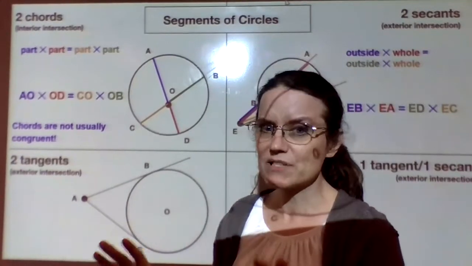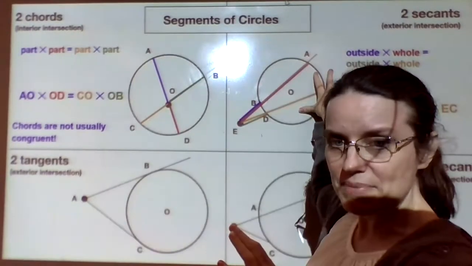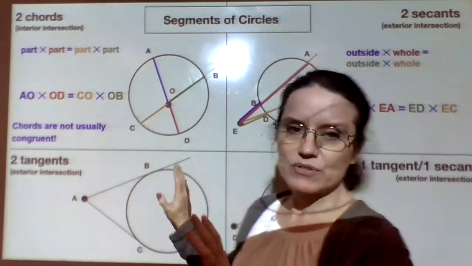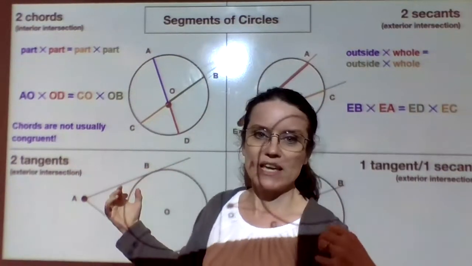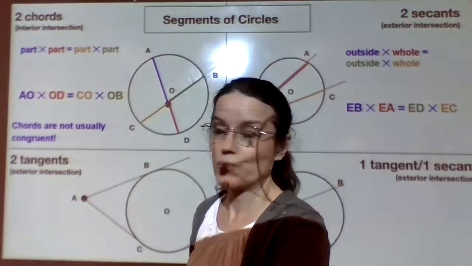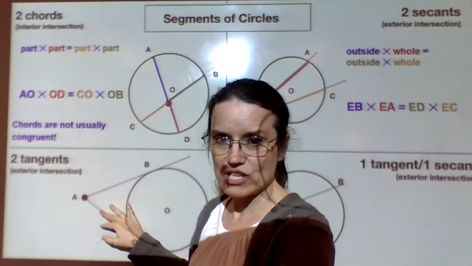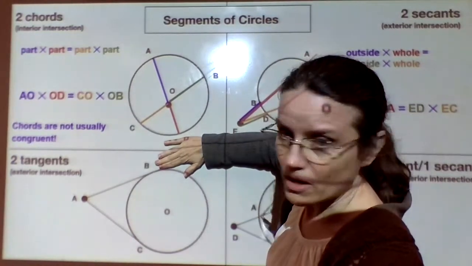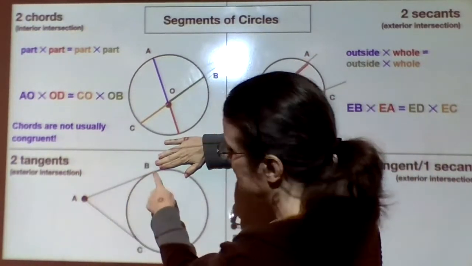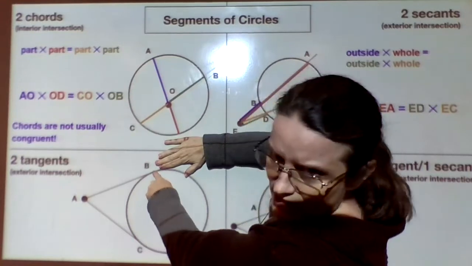So let's see what happens when we switch from both of them being secants down to being tangents and secants. We'll start with two tangents first, might as well. It's the easier one. If we have two tangents, notice that if you ignore this segment right here, I have an outside part for here and nothing else.